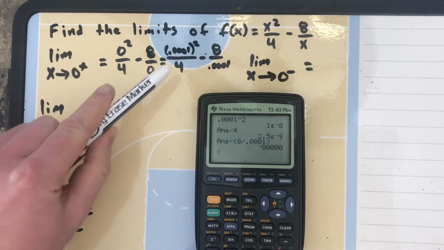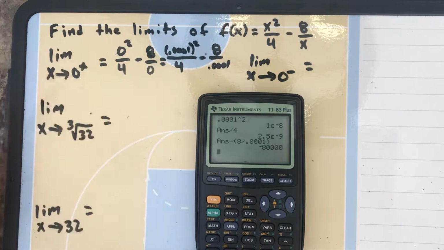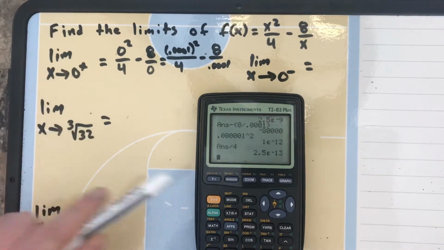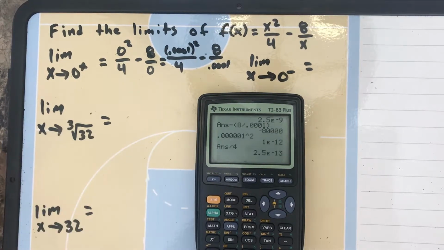This time, instead of plugging in 0.0001, I'm going to plug in 0.000001, and I'm going to square that, just like it says to do there, divide it by 4. I get a smaller number here, and then I'm going to subtract 8 divided by 0.000001.